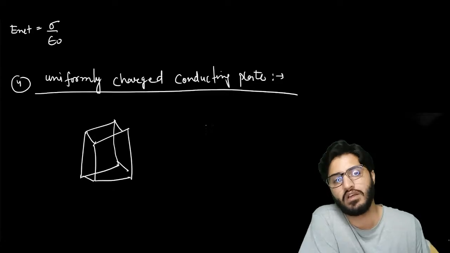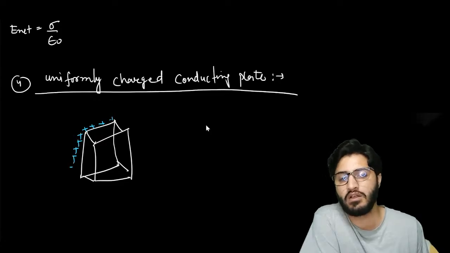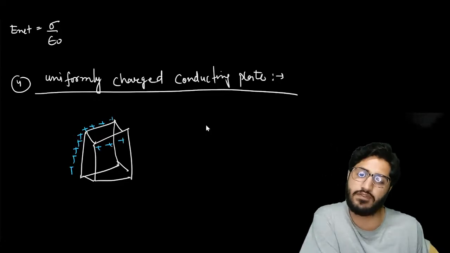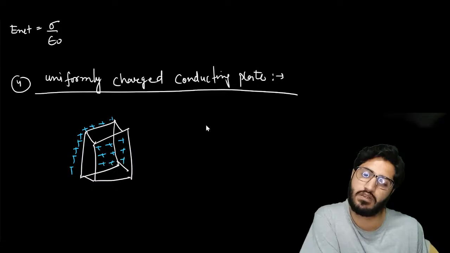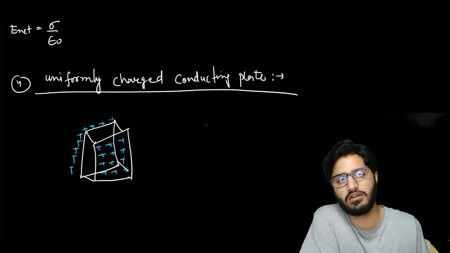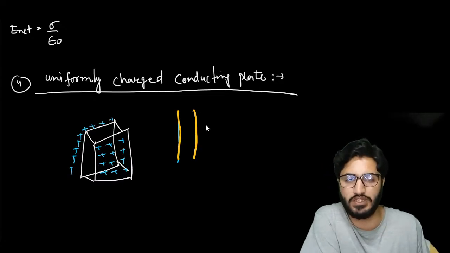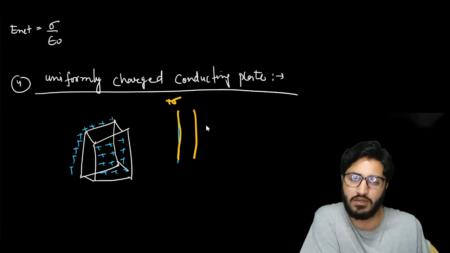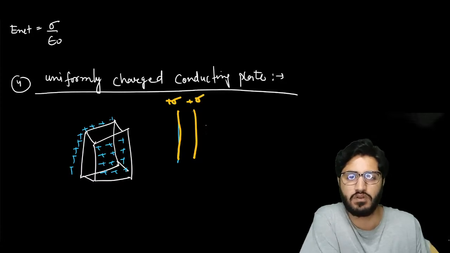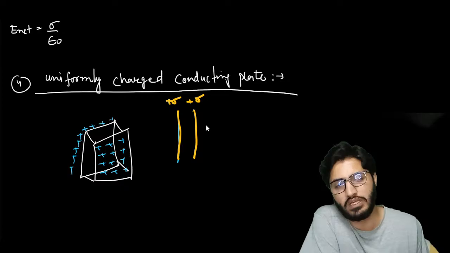If it is a conducting plate, the whole charge will be on the outer surface only. It is 3D, so let us make it 2D now. Look, 2D, very close to each other, plus sigma, plus sigma. So what will be the electric field here?